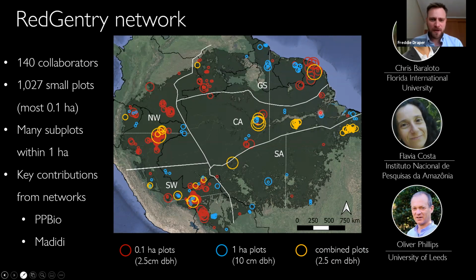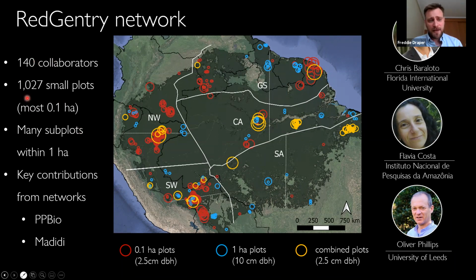I can't list them all here, but Chris Baraloto, who I really established this idea with, was really important, and Flavia Costa at INPA in Manaus, and also Oliver Phillips in Leeds, who had established many of these plots. So this really represents decades of people's work, years and years of field work, collecting this really valuable data.